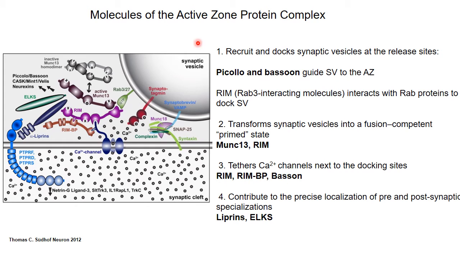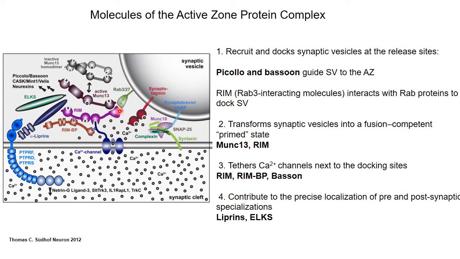So here are some of the molecules of the active zone. Again, we are not talking about all of them. We are not trying to cover them extensively. What you should know are several proteins such as RIM, which stands for Rab interacting molecules. RABs are small GTP proteins on the vesicles. RIM interacts with them, but it also interacts with the calcium channels.